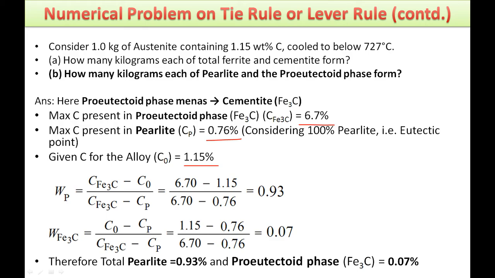So we can easily calculate the weight of pearlite. According to the tie rule, that is the carbon percent in Fe3C minus the given carbon, divided by the carbon percent in Fe3C minus the carbon in pearlite. In the same way we can find the Fe3C and we get both.